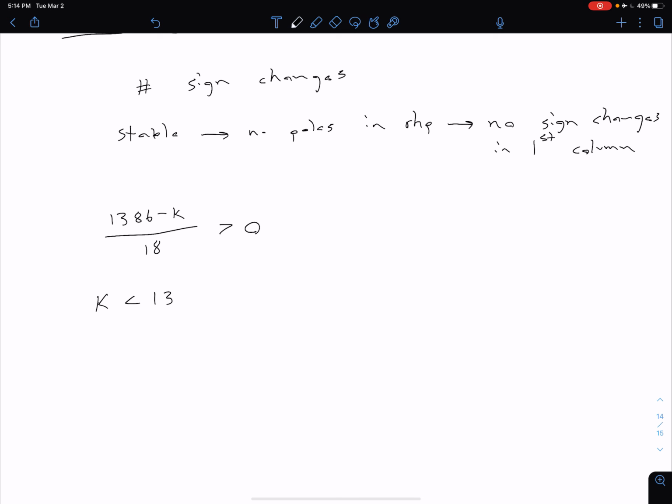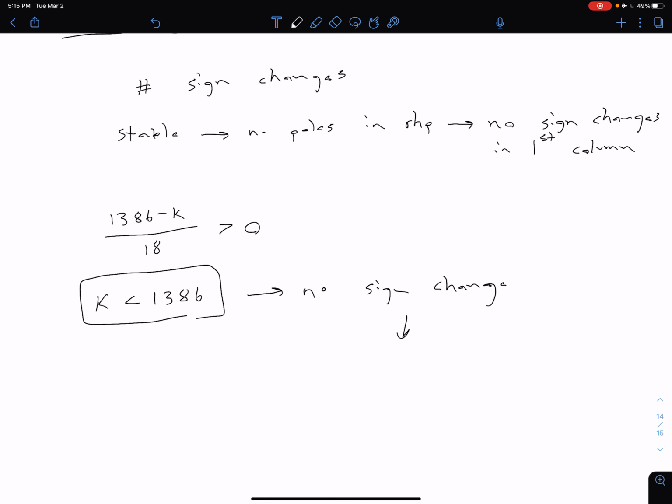So k less than 1386 is going to result in no sign change, which means we're going to have no poles in our right half plane. So no right half plane poles, which means we're going to have a stable system.